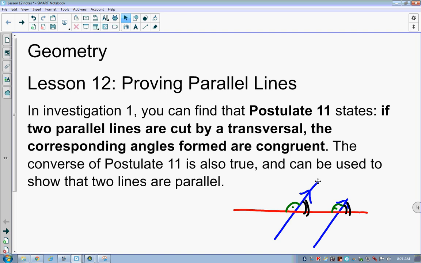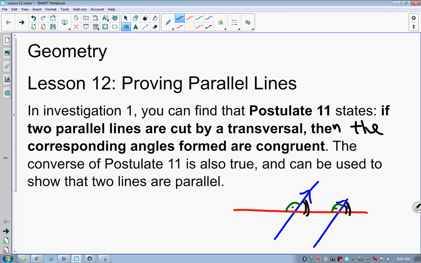And we should have talked about a converse statement. Converse is where I take the conclusion and I move it to the hypothesis. I take the hypothesis and move it to the conclusion, right? Does this ring a bell? Okay. So the original statement is, if two parallel lines are cut by a transversal, then the corresponding angles formed are congruent.